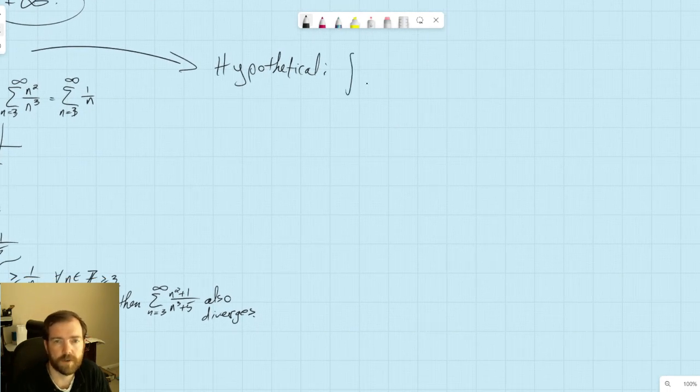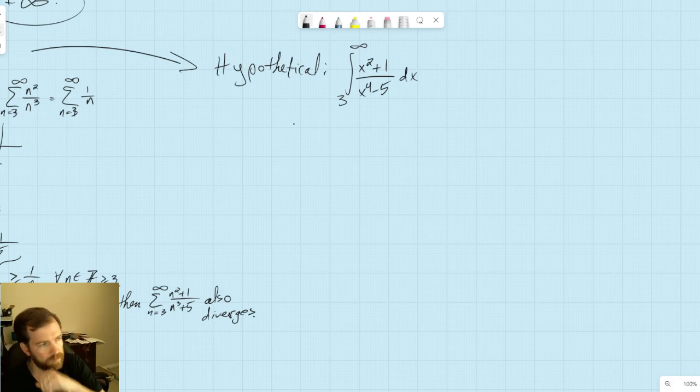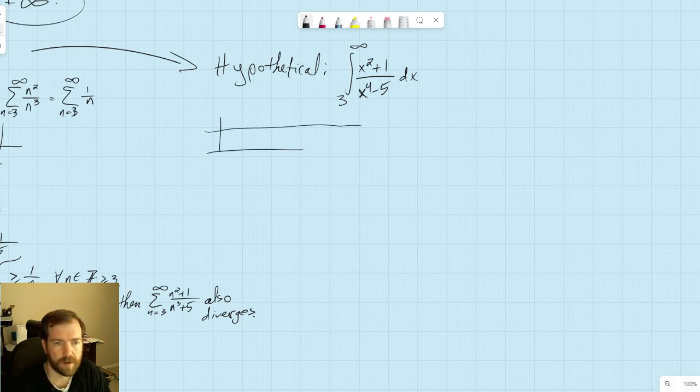If we made this the integral of (x squared plus 1) over (x to the 4th minus 5) dx from 3 to infinity, then in this particular case, we'd be saying, all right, let's try out the table of values maybe. It's not particularly nice, but no, 3, 6. And that's going to be sufficient.